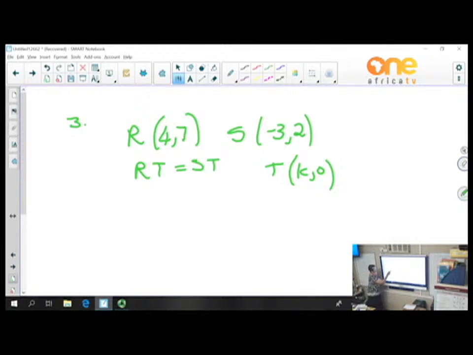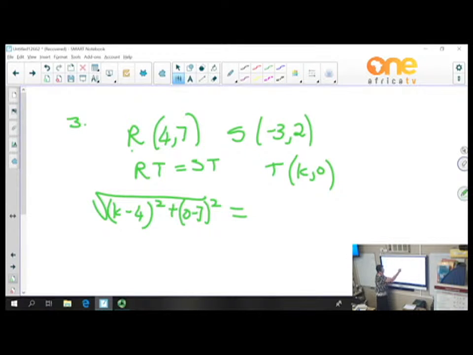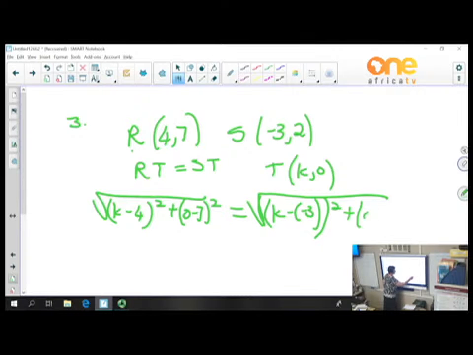So now RT means I'm going to work with this one and this one. So it will then be the square root of (K minus 4) squared plus (0 minus 7) squared is equal to, and then S and T is then the square root of (K minus negative 3) squared plus (0 minus 2) squared.